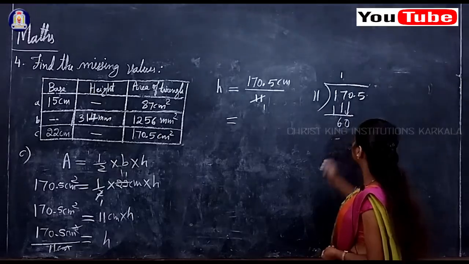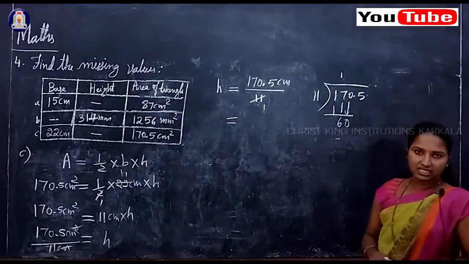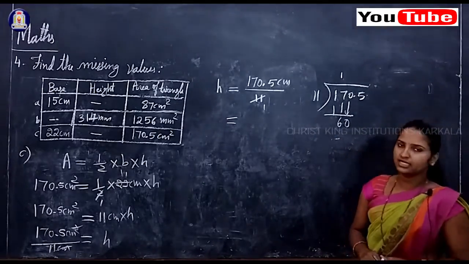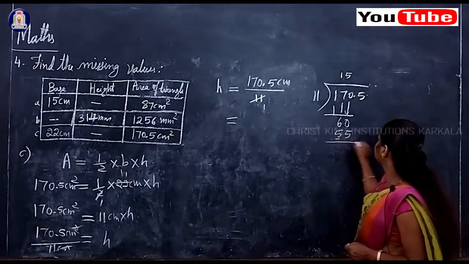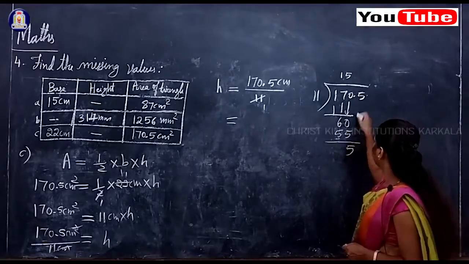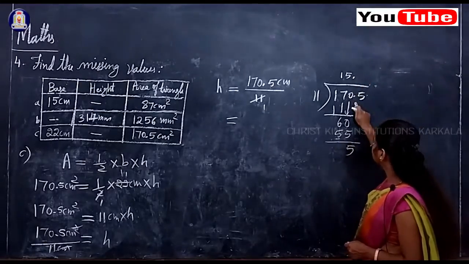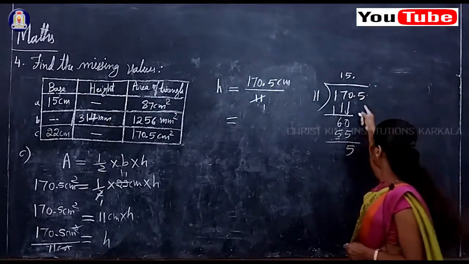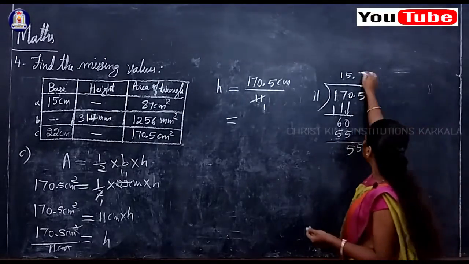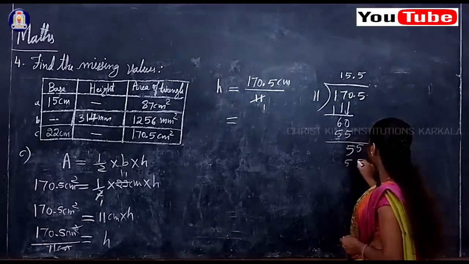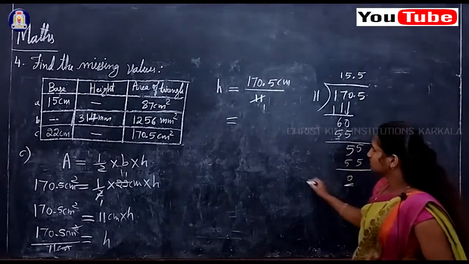So next 0 you have to take up. So 60, 11 will not divide 60, so 11 fives are 55. So here 5, and next the decimal point is here. So take the decimal point as it is, and next number is 55. 11 how much is 55? 11 fives are 55. So the remainder is 0.